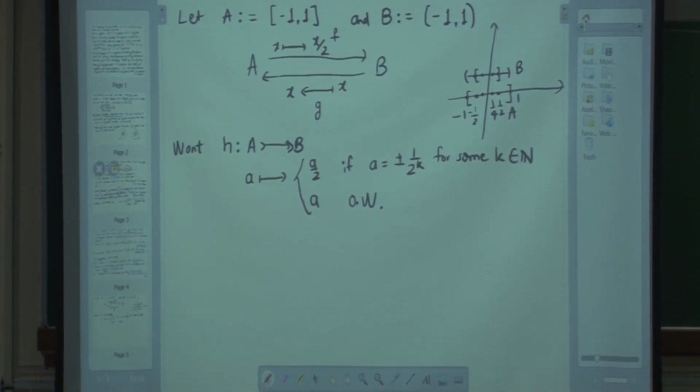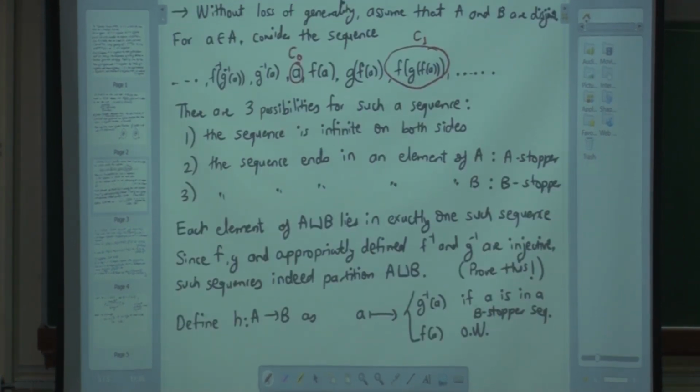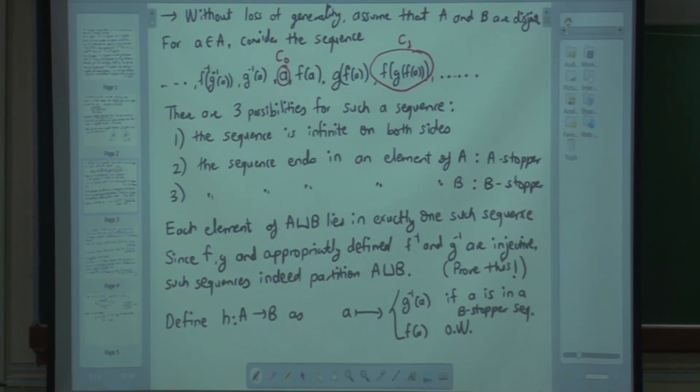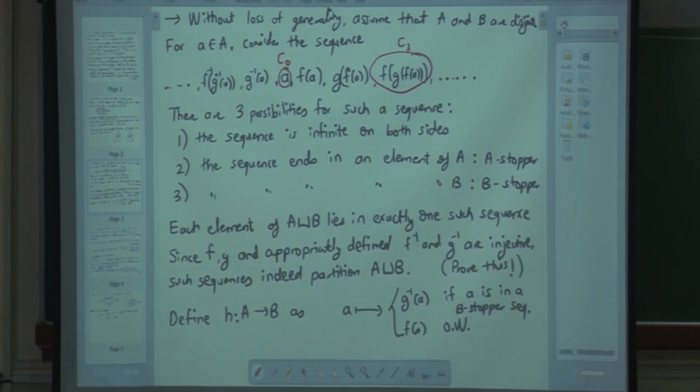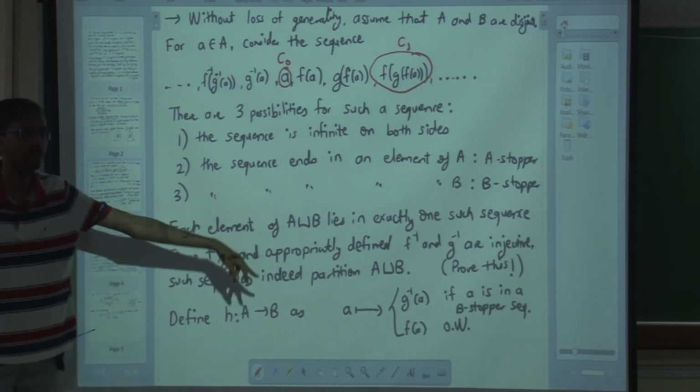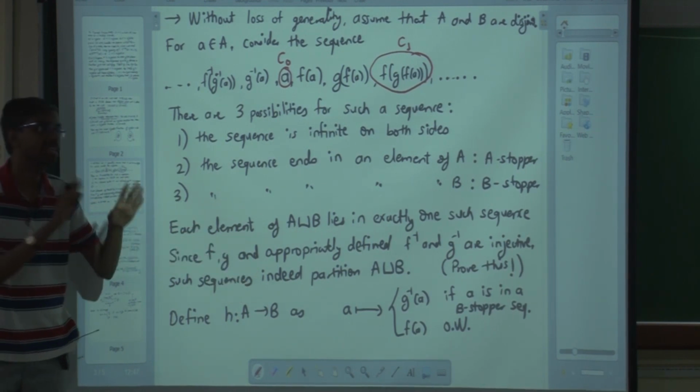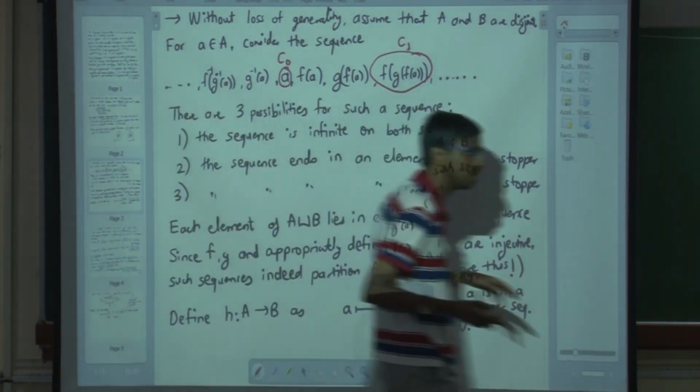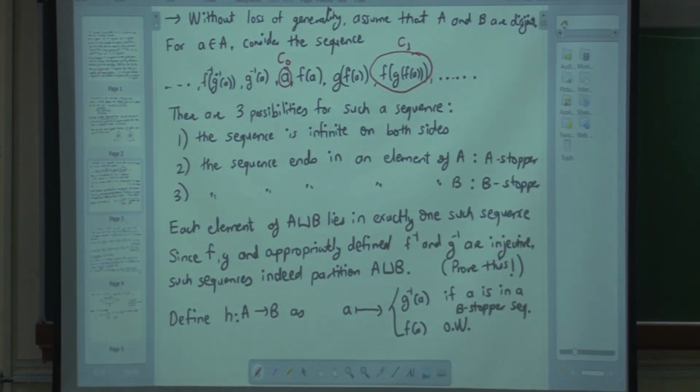Maybe I am not using this particular definition. I am using F inverse of A if A is an A stopper and the other thing. You can always make a choice whether you want to do it for B stopper or A stopper. Because for A stopper it must be F of A. For B stopper it must be G inverse of A. But for doubly infinite you have a choice.